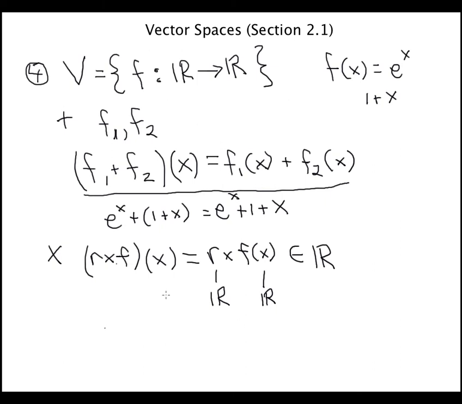So for example, what's the zero vector in this vector space? What do I mean by that? This is supposed to be a function such that if you add it to any other function, you get itself again. Gee, what is that? Well, the function, I'll write it with an arrow to indicate this is a vector.